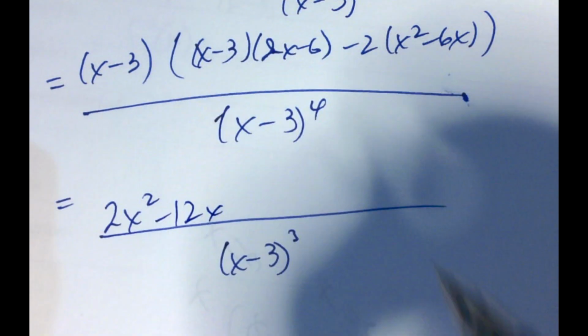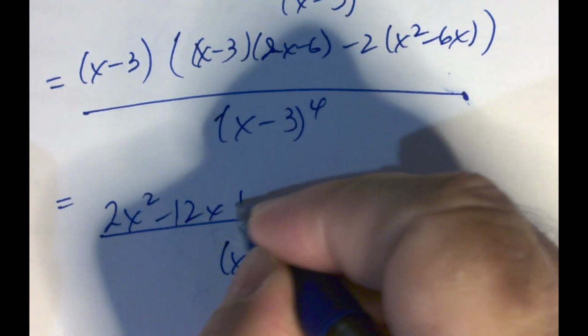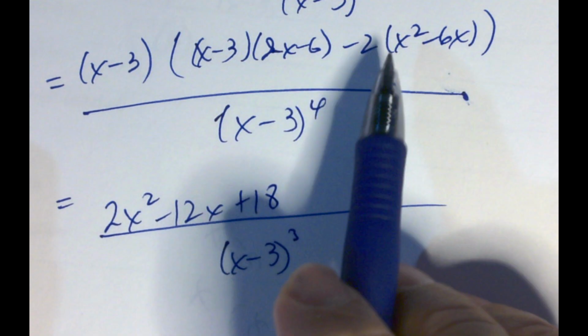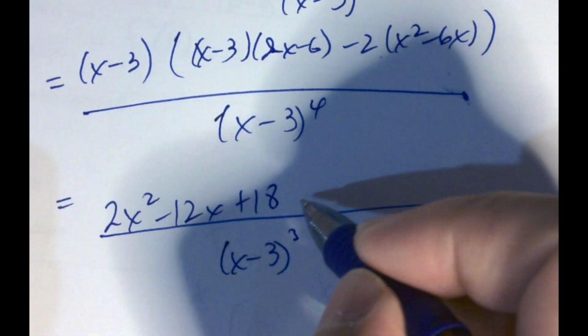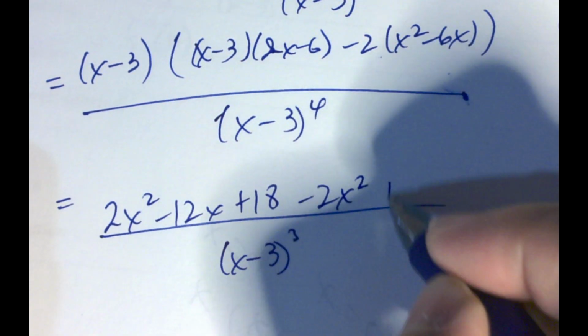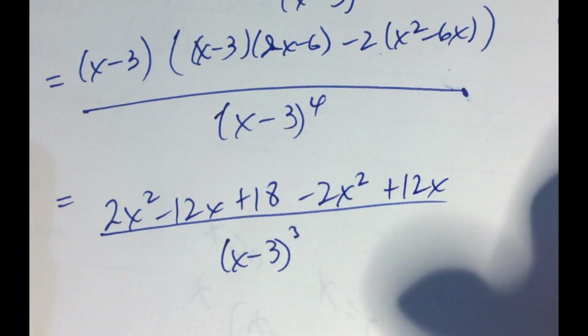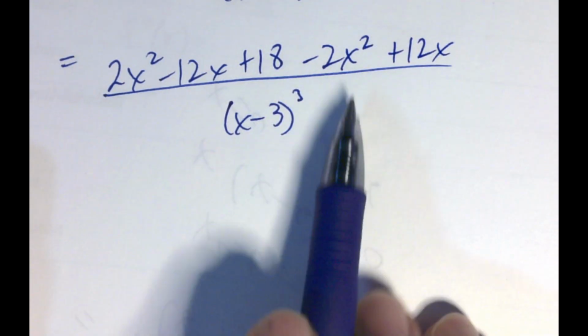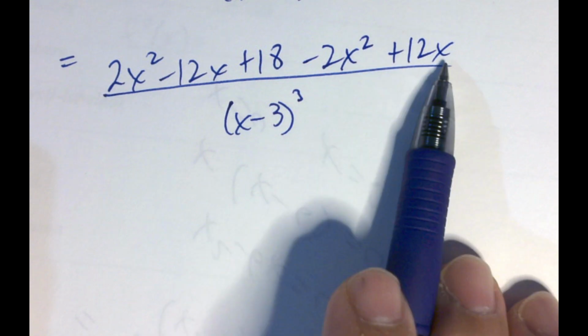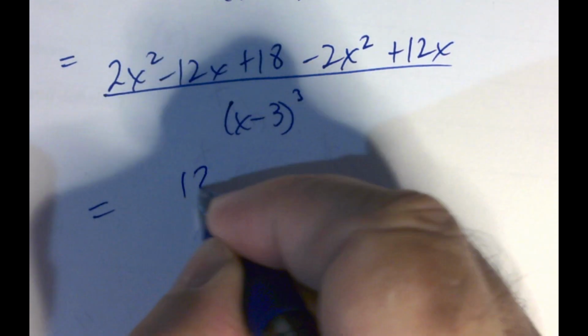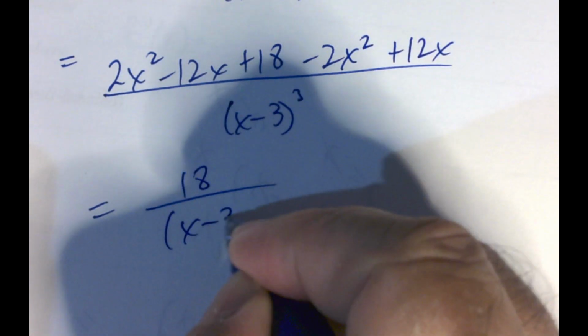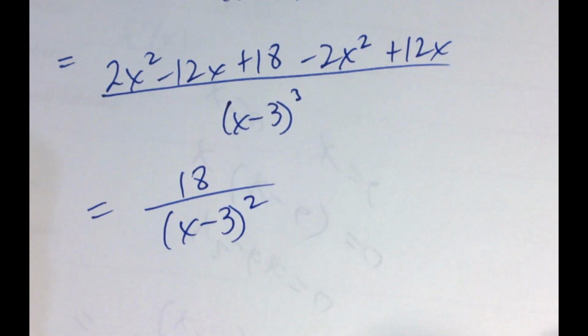And then negative 3 times negative 6 is plus 18. And I'm going to distribute this minus 2, so it'll be minus 2x squared plus 12x. So 2x squared minus 2x squared cancels. Negative 12x and positive 12x cancels, leaving me 18 over x minus 3 squared. That's the second derivative.